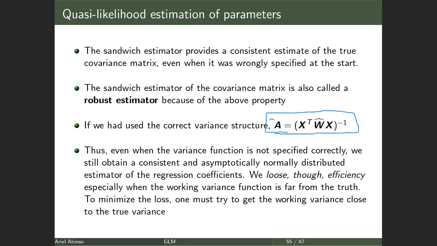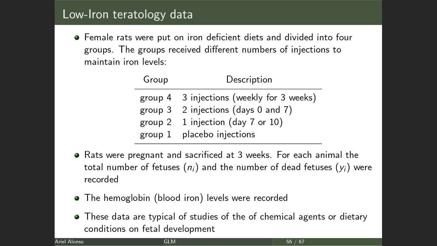Use your brain a little bit. Don't specify whatever you want, because yes, the results are going to be valid, but you may end up not rejecting any null because the standard errors are going to be very wide. So it's always a good strategy to try to get the working variance as close as possible to the true one, to minimize this kind of efficiency loss.